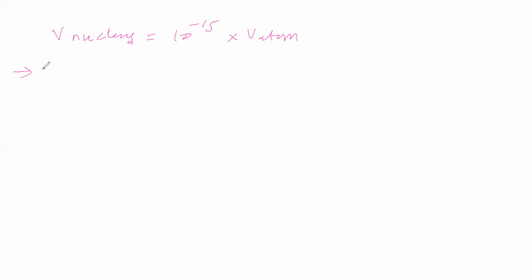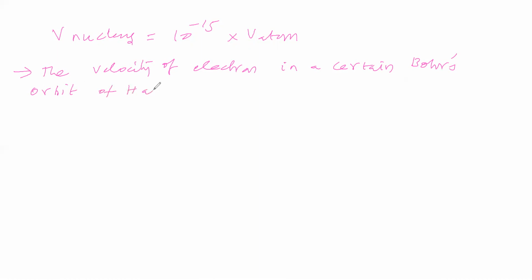The velocity of electron in a certain Bohr's orbit of hydrogen atom bears the ratio 1:275 to the velocity of light. What is the quantum number of orbit?